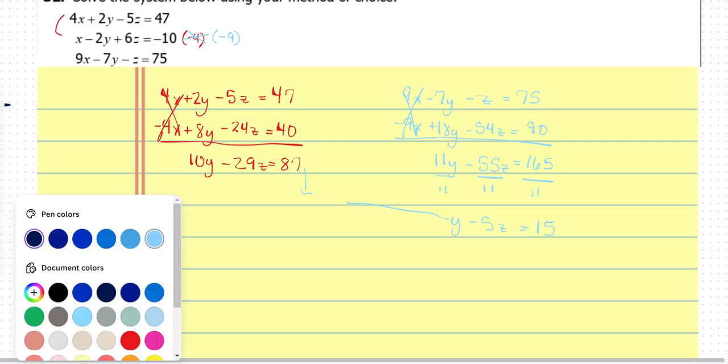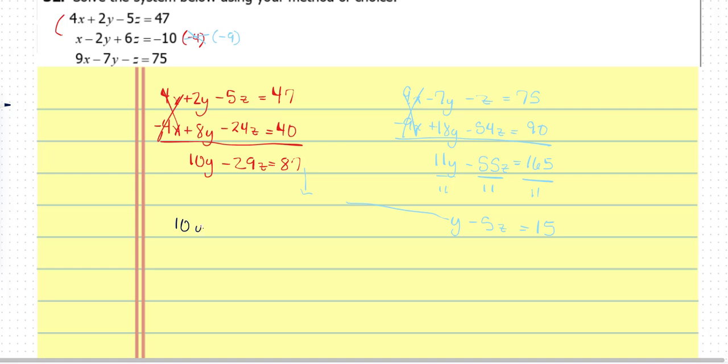And so when I try to combine those, I have 10y minus 29z is equal to 87. And so I need to get it to where my x's or my y's or my z's cancel out. And if I multiply its equation by negative 10, it'll give me that 10 that I need to cancel with. So negative 10y plus 50z is equal to negative 150. And so my y's are gone this time.